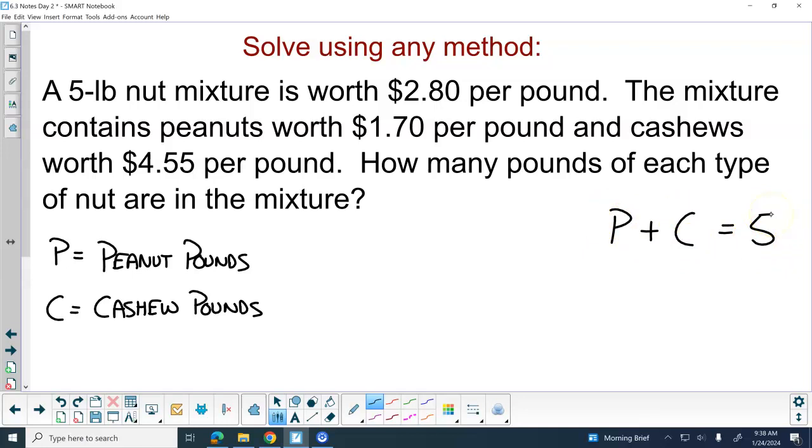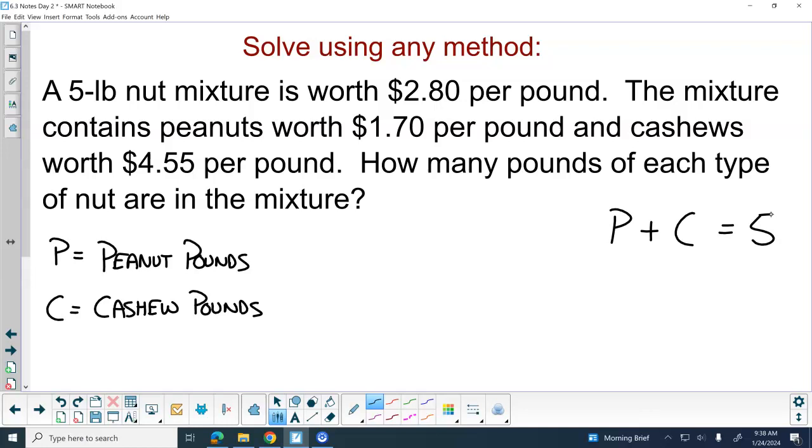I'm going to take a pause here before we go on to the next one. In the end, if we get 7 pounds of peanuts and 18 pounds of cashews in this mixture, are we correct? No. Why not?